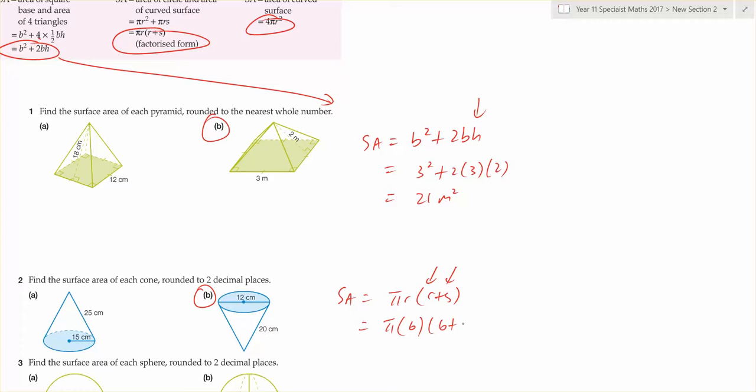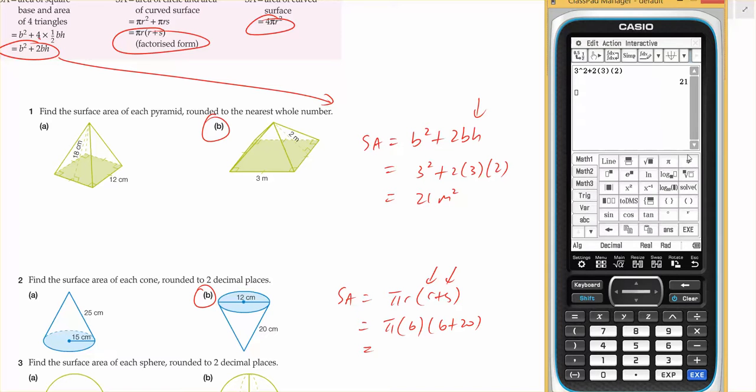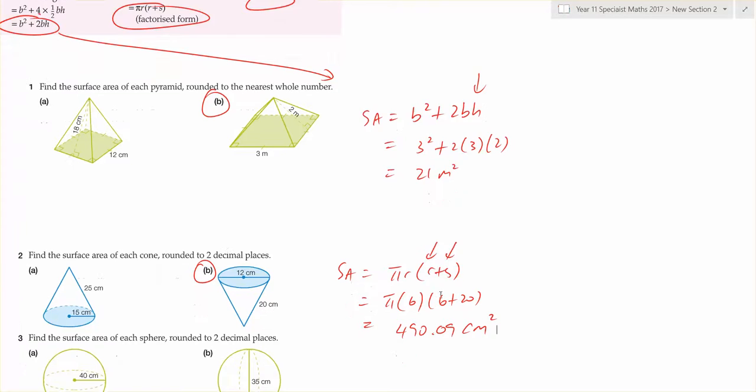So pi times 6 times 6 plus 20. I get 490.09, again centimeters squared, because we're talking about surface areas.